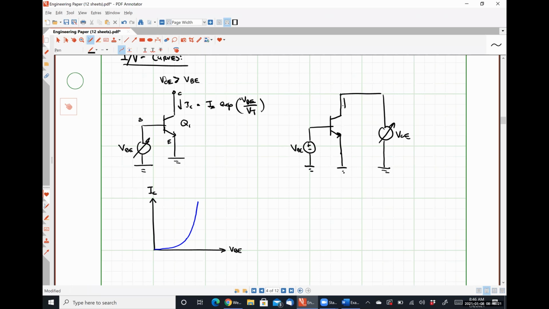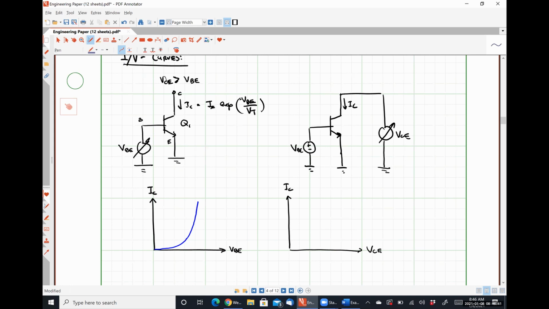And here is IC. And so in this case, we are plotting IC versus VCE. This is going to look a little silly, but go ahead and do it.